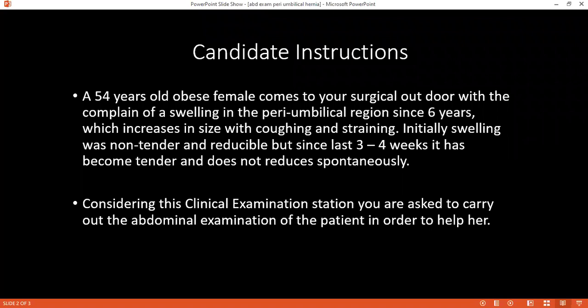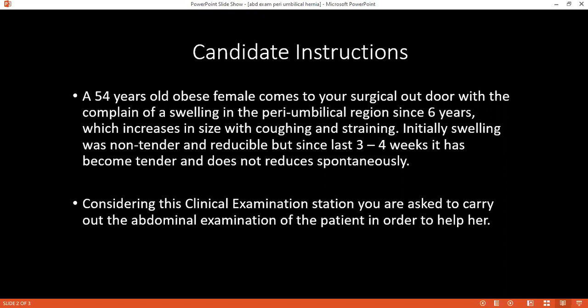Okay, I've examined a 54-year-old woman that has a peri-umbilical swelling. It is tender, with no differential warmth. She has tenderness around the peri-umbilical region, but no guarding.